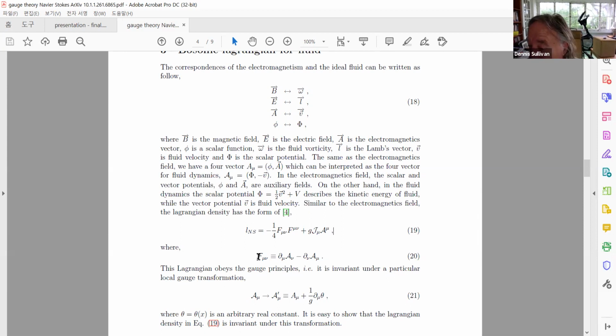Then I kind of understood something, which is close to a topologist's heart. If we work on periodic 3-space, which is basically working on the 3-manifold, the torus, the first Betti number is 3. You have 3 homology classes. Your fluid can have net rotation in 3 different parameters.